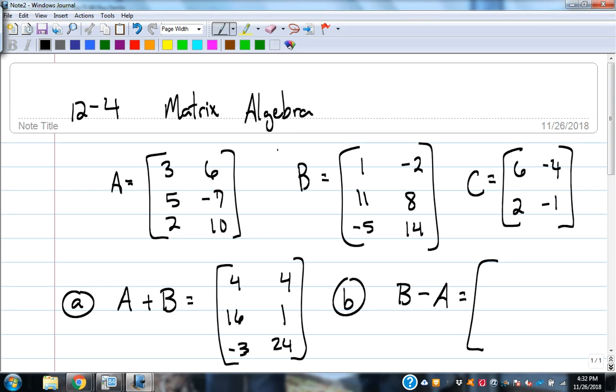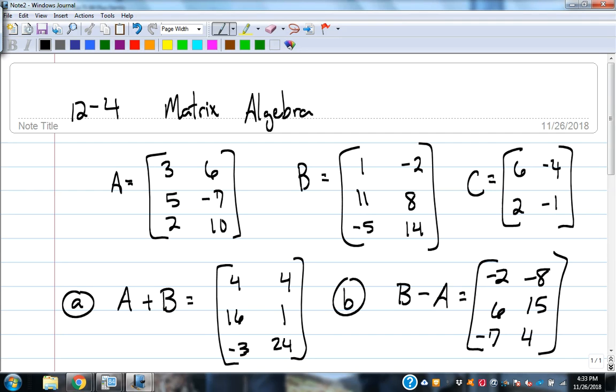So 1 minus 3 would be -2. -2 minus 6 would be -8. 11 minus 5 is 6. 8 minus -7 would be 15. -5 minus 2 is -7. 14 minus 10 is 4. That's just doing it by hand.